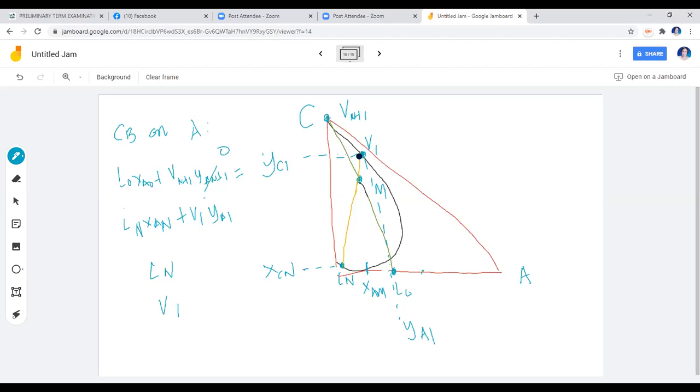As for the C composition, you use the Y coordinate. So you turn left here and you rest on the Y axis to get the YC1. Okay. Some more questions?